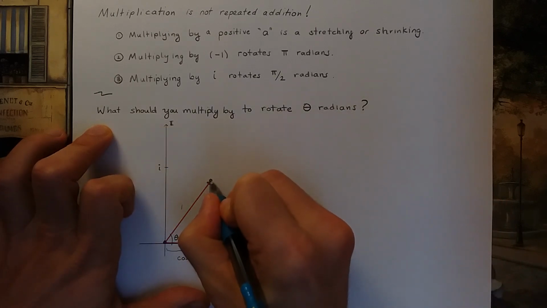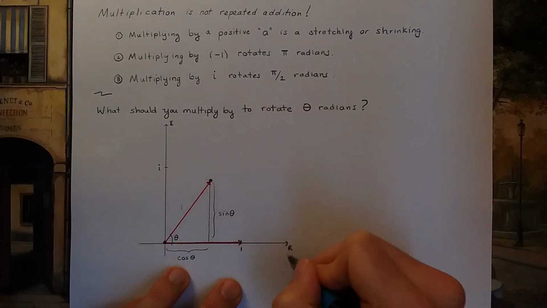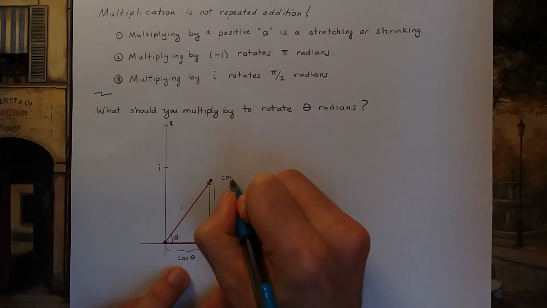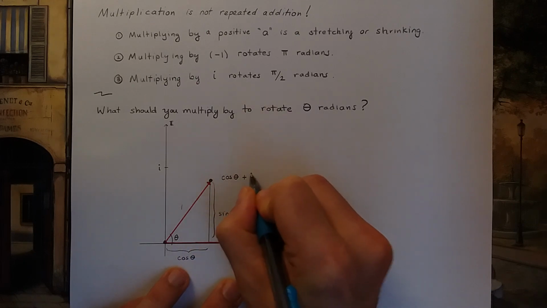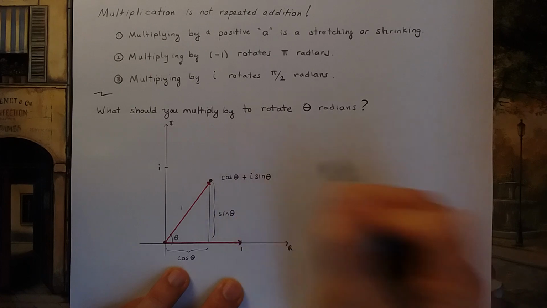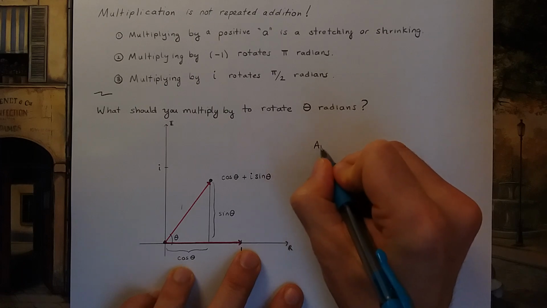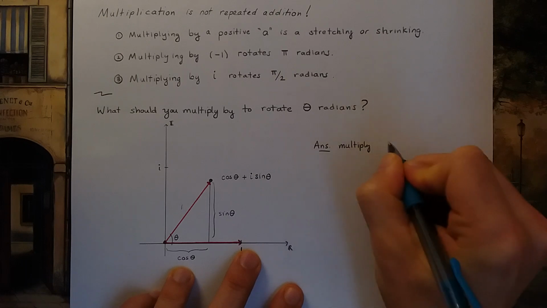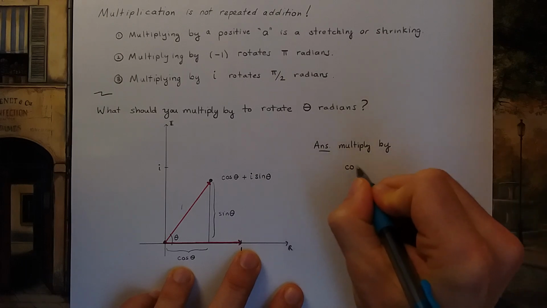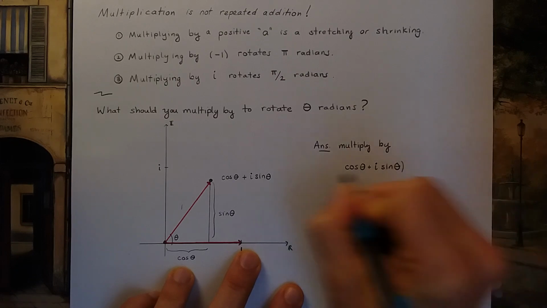So that means this complex number that I'm landing at right here should be cosine theta units in the real direction, and then I go sine theta units in the i direction, so plus i sine theta. So the answer is you need to multiply by cosine theta plus i sine theta.